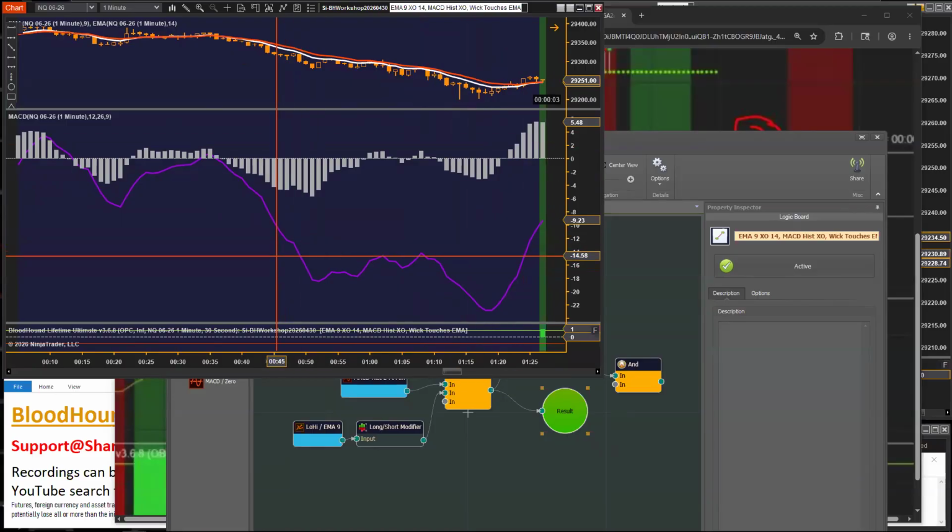There's a minor pullback there, definitely not 1 point.